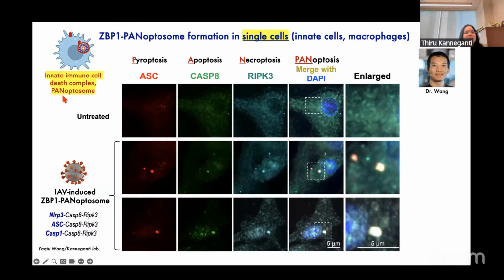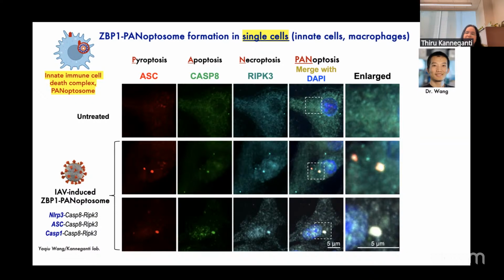So we can see here that upon influenza infection, the pyroptotic component like ASC is co-localizing with caspase-8, the apoptotic molecule, and with RIPK3, the necroptotic molecule. And the PAN complex, the panoptosome complex, is forming upon triggering with influenza infection. And then we don't believe in one line of evidence.